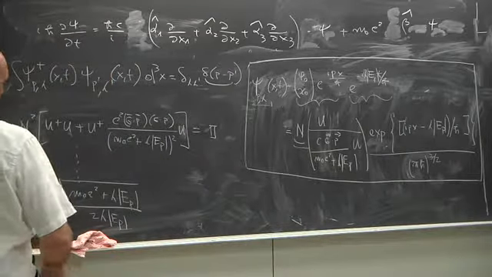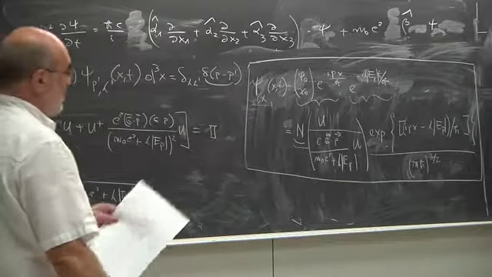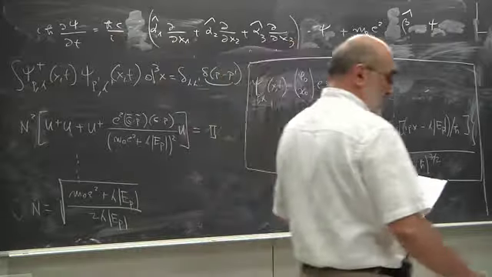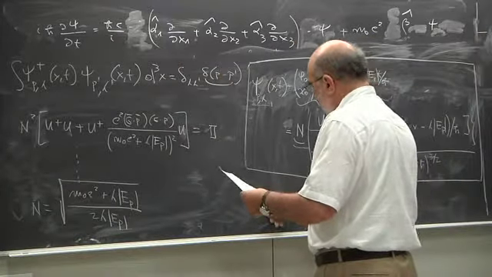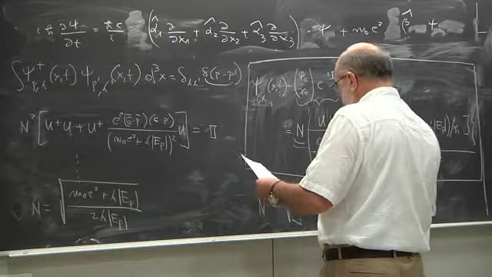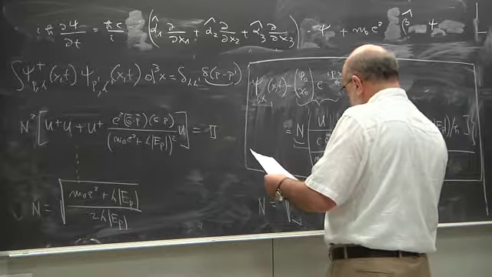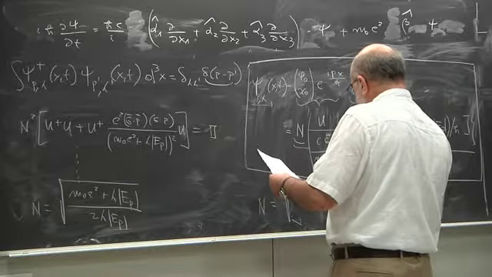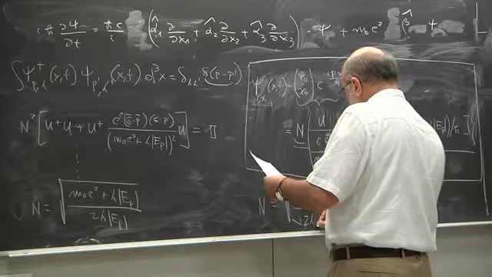Anyhow, the final result is this. So we have found also the normalization constant. And so this is the three things, and the normalization constant is the square root of m0 c squared plus lambda EP over 2 lambda EP.